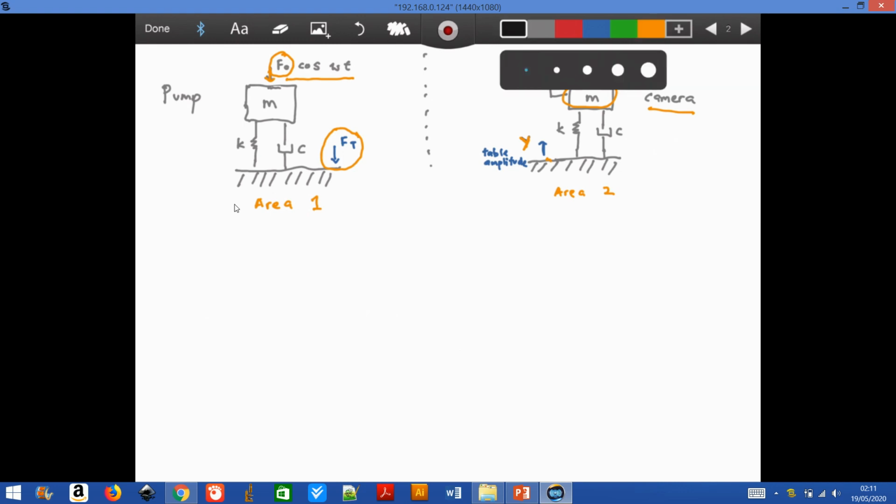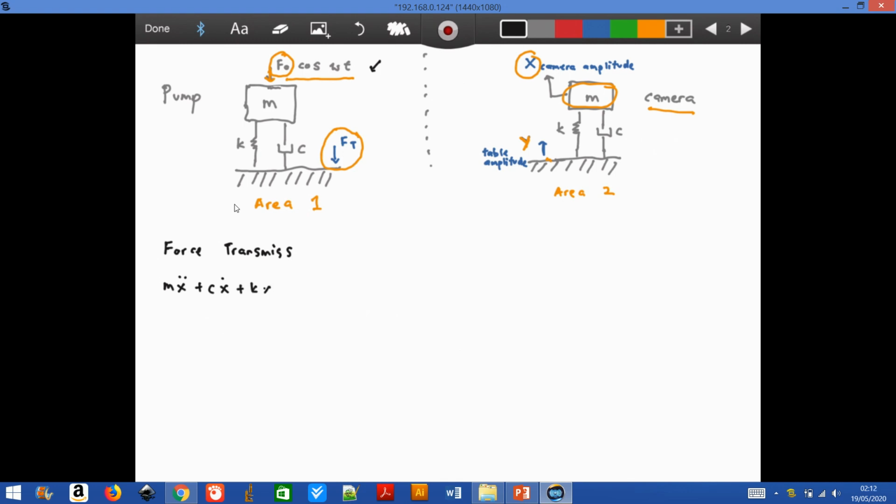So for force transmissibility, for this pump, because it has an excitation force, the equation of motion will be m x double dot plus c x dot plus k x equals the force, which is Fo cos omega t.